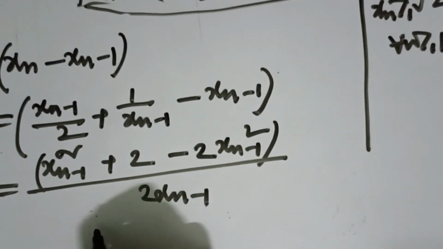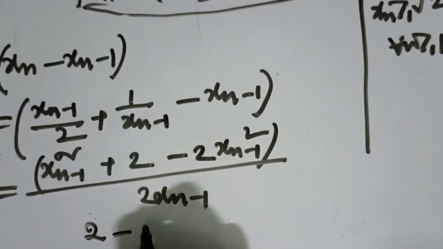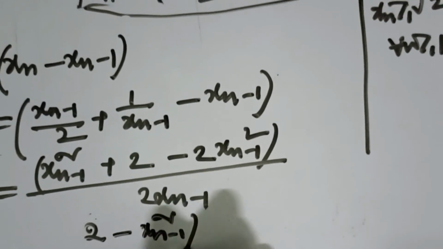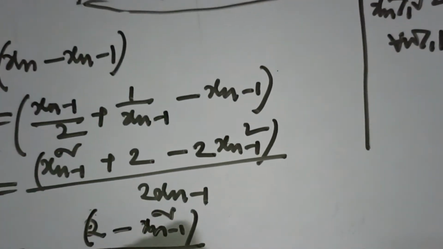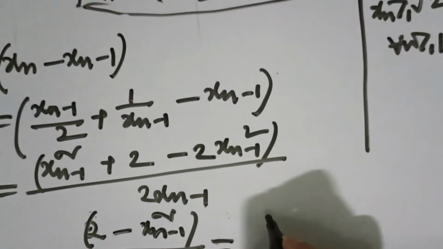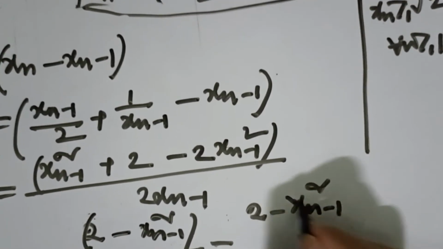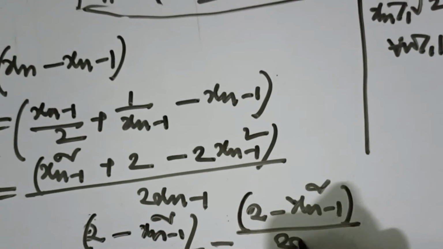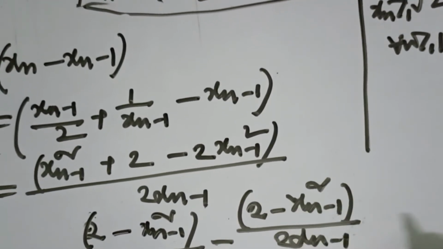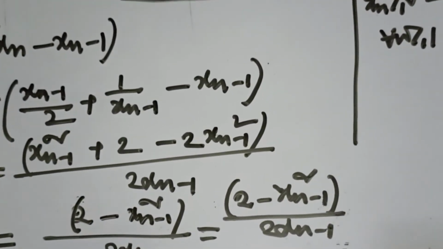Okay, so you get 2 minus xn minus 1 squared, upon 2 xn minus 1.